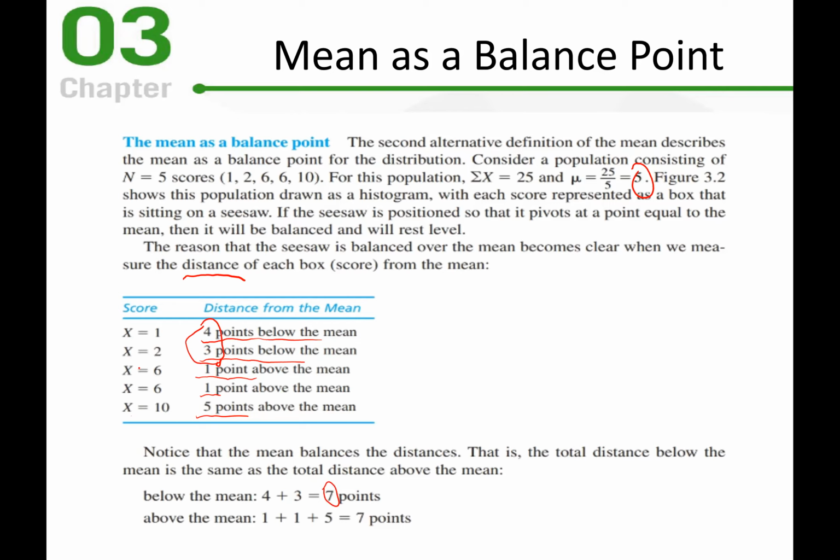If you add up the distances of the scores above the mean, so 6, 6, and 10, that gives you a total of 7 points. So the mean is a balance point between all the scores above it and all the scores below it. All right, so let's look at this in a more concrete kind of way.